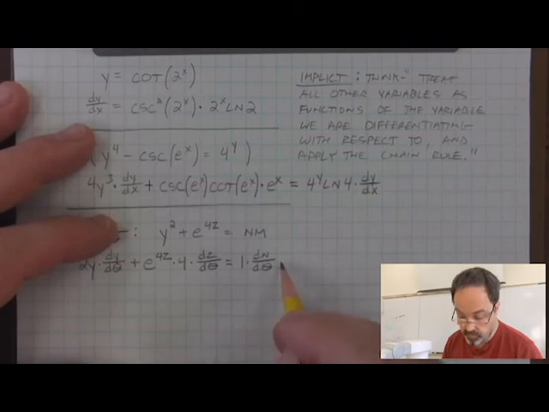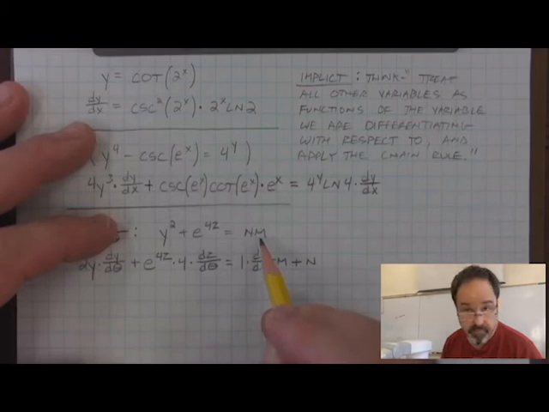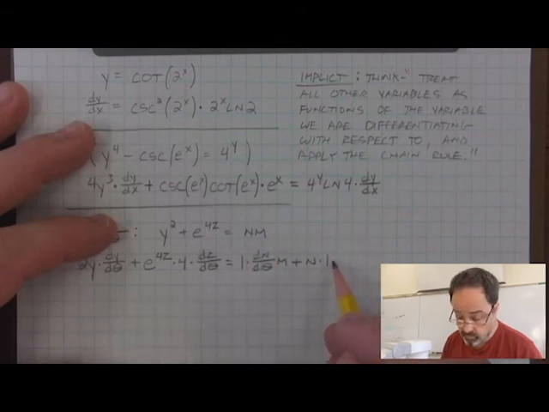Continuing the product rule, times m. And then plus n, the first function, times the derivative of m, which is 1, but we're thinking of m as a function of theta, so I need to apply a chain rule, dm over d theta.